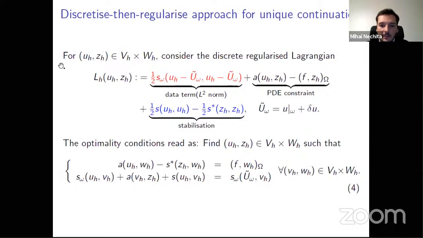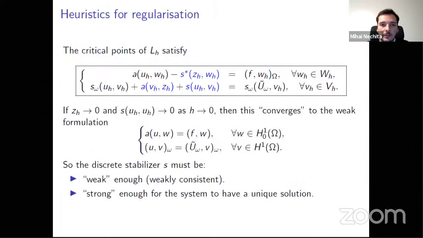Writing the optimality conditions, the finite element method would look like the following discrete system. Such a discrete system, depending on how we choose the stabilizer, can be proven to have a unique solution. Its condition number can be studied, and then convergence can be proven.